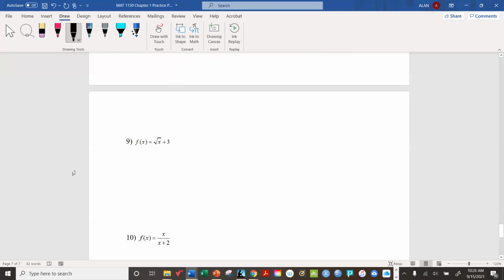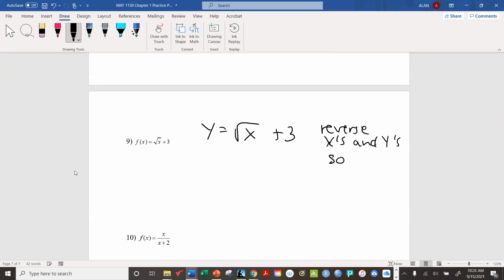Now let's look at this one. Y equals radical x plus 3. And once again, reverse x's and y's. Solve for y. All right, so we have x equals radical y plus 3.